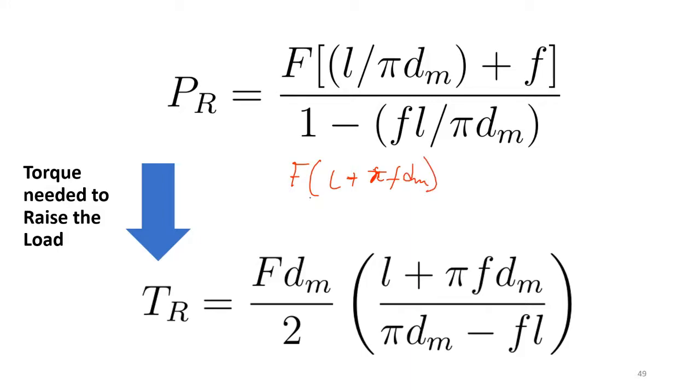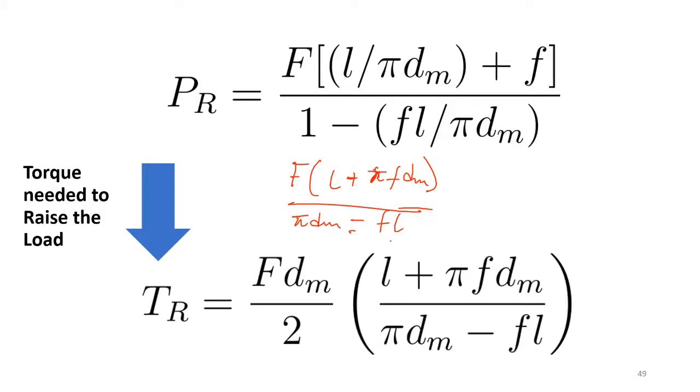That's the numerator. Then for the denominator, if we multiply by pi dm, we are also going to have pi dm minus the friction coefficient times L. So this will give us the expression here, which is what we have in the bracket.